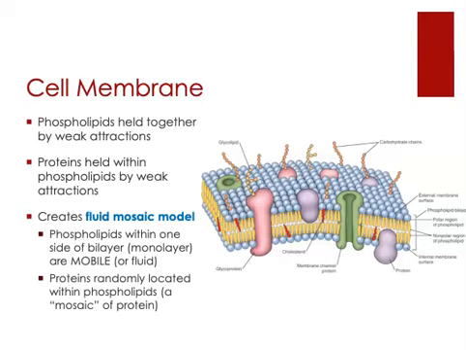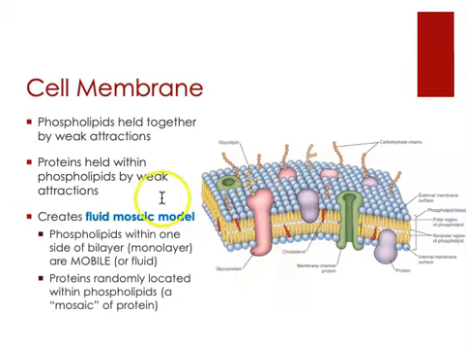Now, for a long time, scientists didn't really know exactly how membranes were structured. We needed to develop more advanced microscopy techniques and other techniques in the laboratory in order to know exactly how membranes were structured. We know, for example, now that this is a very fluid structure, hence the fluid part of the name, and that it's sort of studded with these proteins.